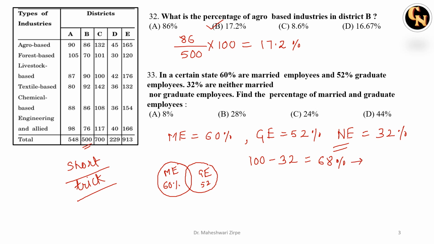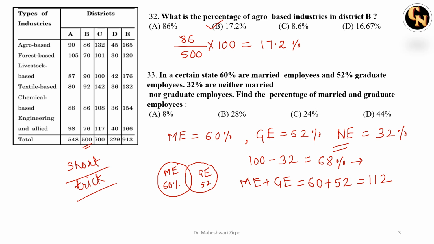68% will be there who are either graduate or married. What does this mean? 68% indicates that they are either graduate or they are married. Correct? So if you do it this way, you will find that the total of ME plus GE, how much is it? 60 plus 52 comes out to be 112.